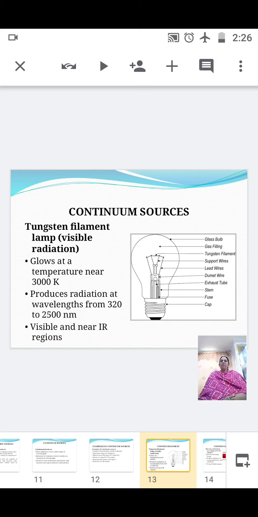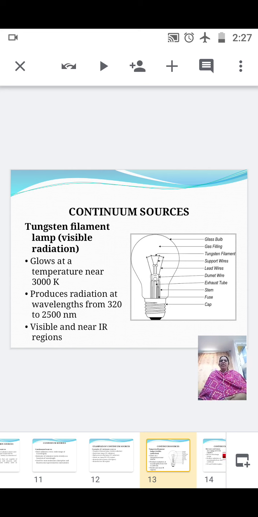Quartz allows the filament to be operated at a temperature of 3500 degrees Kelvin, which leads to higher intensity and extends the range of the lamp well into the UV region. The lifespan of this tungsten halogen lamp is more than double that of the ordinary tungsten lamp.